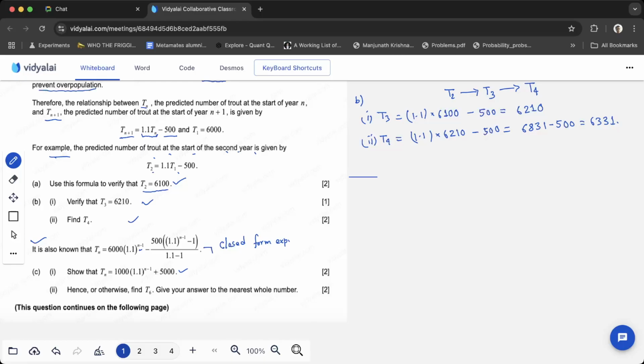From here to here, there would be some simplification procedure. To start with, let's observe the given equation. The second term is what we can start simplifying with. So let's do that first: 500 times 1.1.